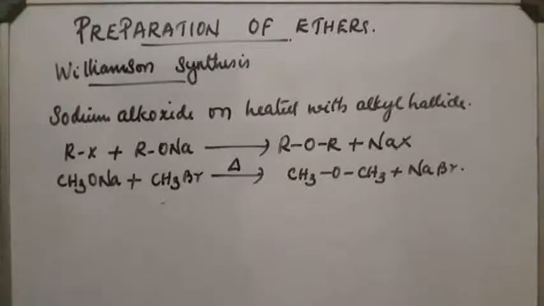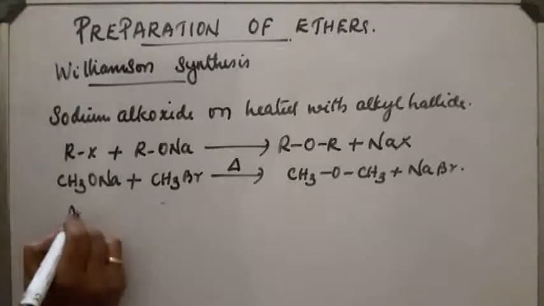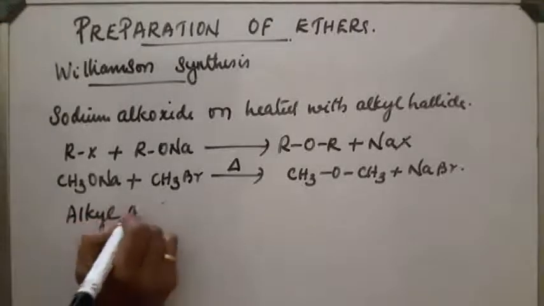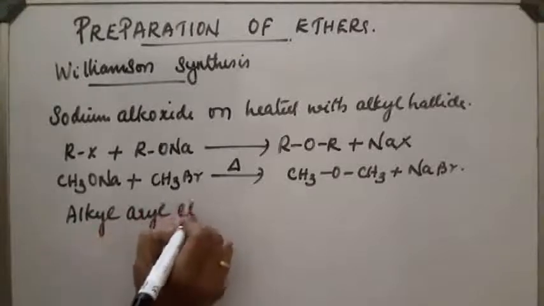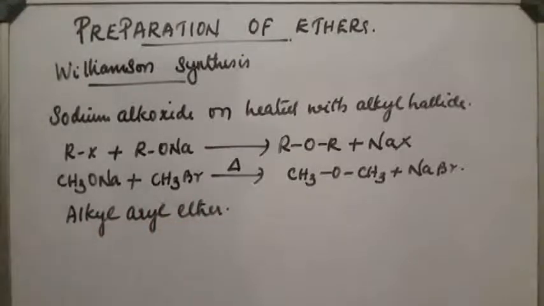Now, if we have to prepare an alkyl aryl ether, how can we prepare it? We know that if a halogen atom is attached to a benzene ring, it is highly non-reactive.